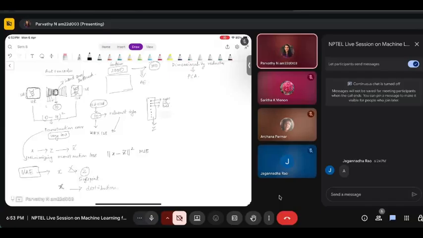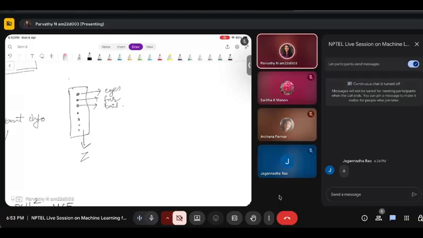If you see here, this is the bottleneck. Before, I said this might represent eyes, this might represent fur, this might represent tail, etc. But in a variational autoencoder, you will have all these 10 points, but it will not be a point, it will be a distribution like this.